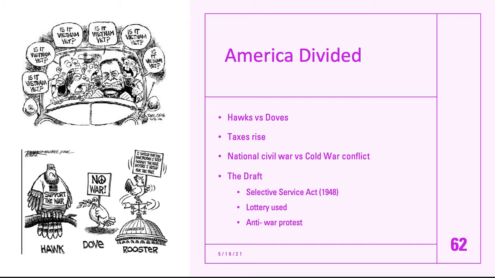They would have this big, huge container with blue plastic capsules inside containing birth dates, and they would draw out the capsules by hand and call out the number of the men within the 18 to 26 age range that would be called to service. These capsules are going to really determine who has to serve and who doesn't serve.